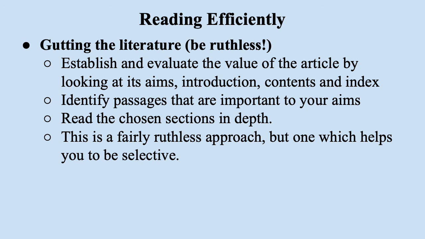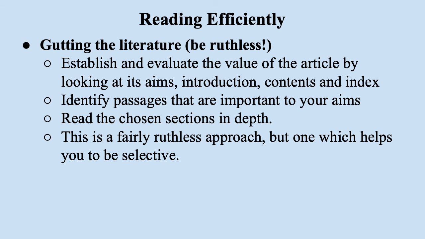And then the final step in this is to do what we call gutting the literature, and to be ruthless in doing this. You want to establish and evaluate the value of the article by looking at its aims, its introduction, its contents, and its index. In doing so, you want to identify the passages that are most important to your aims.